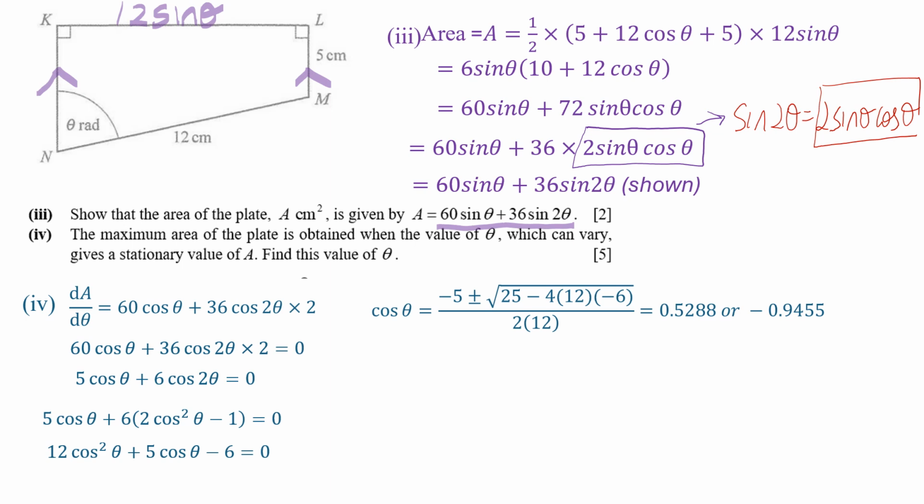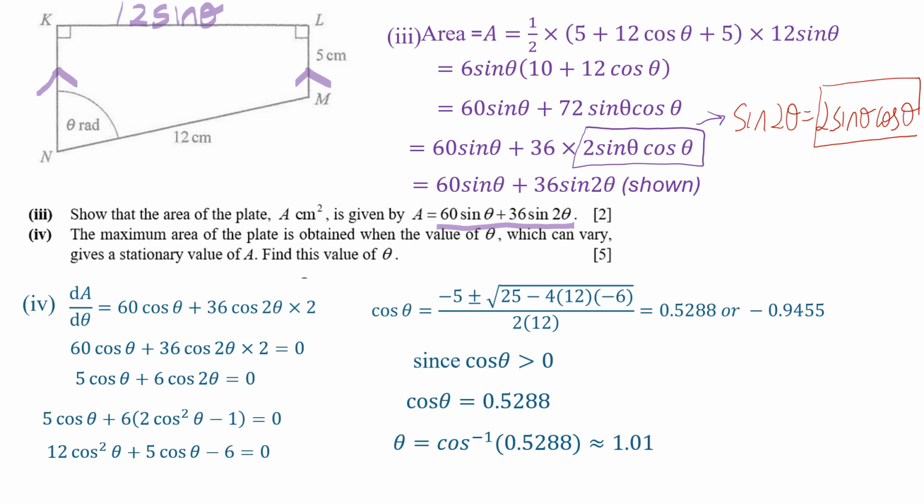Alright, if you look at the diagram, angle theta is between 0 and 90, so we can just ignore the negative answer, because cosine theta has to be positive. So cos theta is 0.52885, and the reference angle is 1.01.